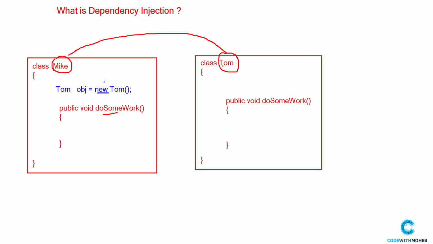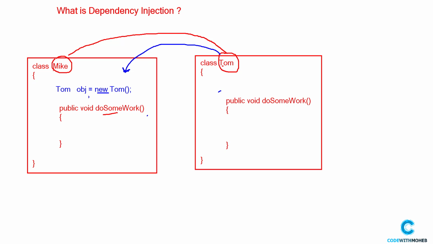Why is it tightly coupled? Because we have created the object of the Tom class inside my class. If we bring any changes inside my class or the Tom class, we again have to change the code. Your constructors may change, the order of constructor parameters may change, or the data type of a constructor parameter may change.